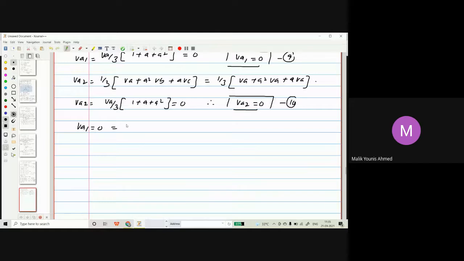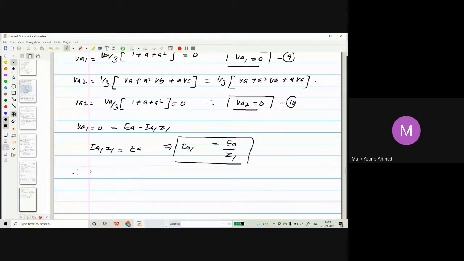VA1 we know is EA minus IA1 Z1. So here we can write IA1 Z1 as EA. Therefore IA1 is EA divided by Z1. So this result we are getting. Now only one sequence component will be there. Other currents are 0. Other voltages are 0.